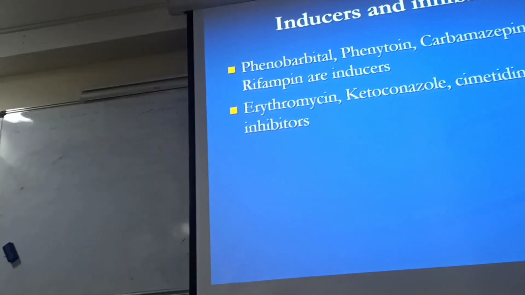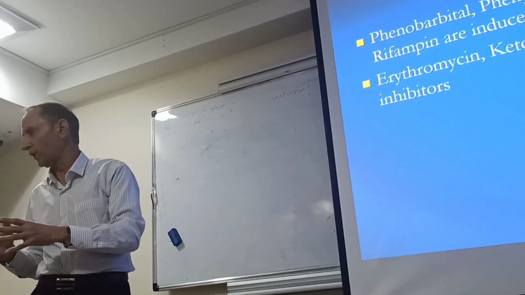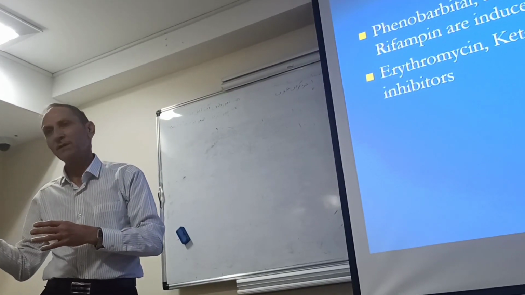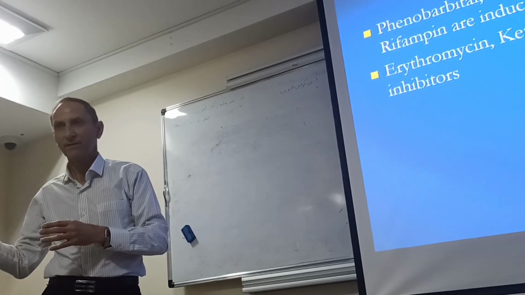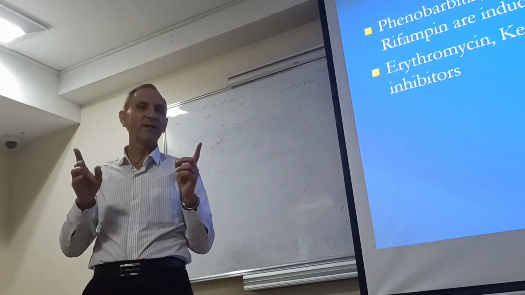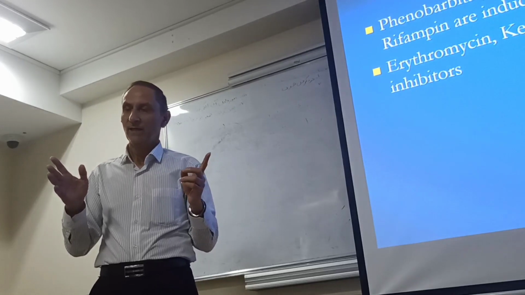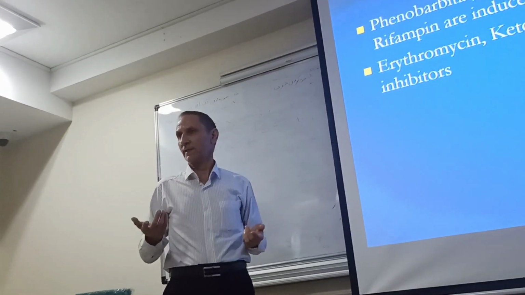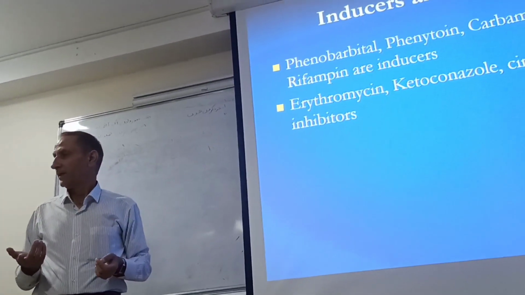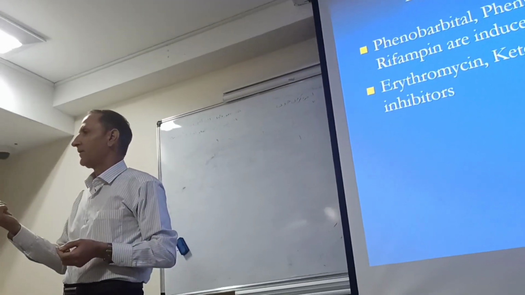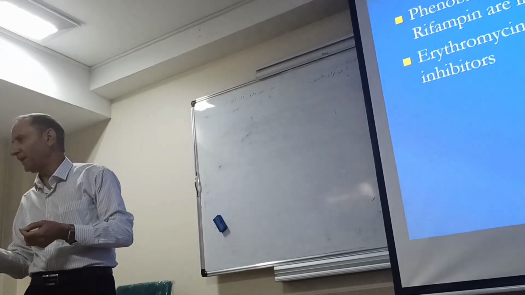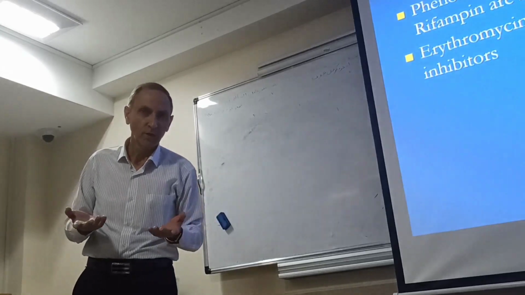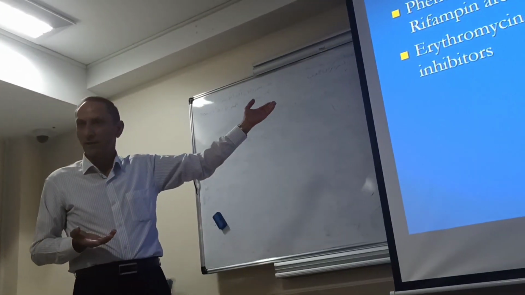It means that they increase the amount of cytochrome P450, so they increase the rate of metabolism of other drugs. And here we have drug interaction. If a person is using phenobarbital, for example, in this patient, the rate of metabolism of warfarin is much higher than the patient who does not use phenobarbital.